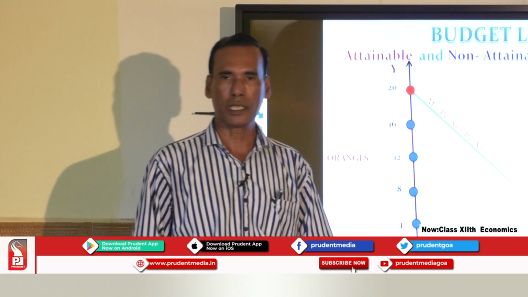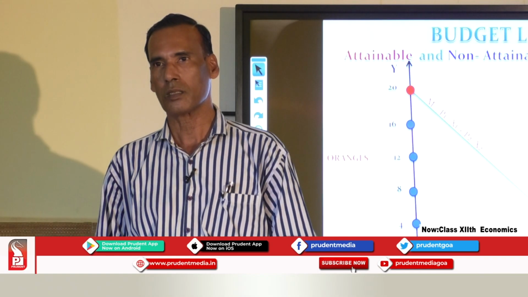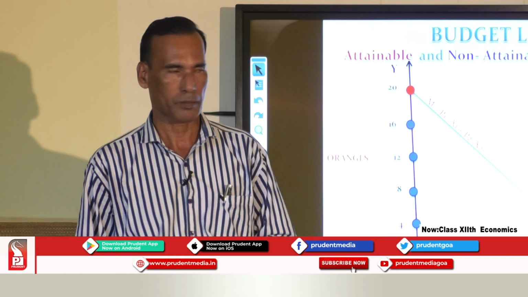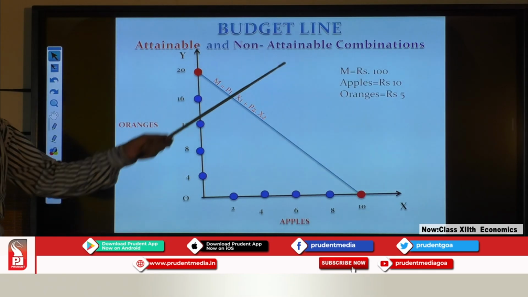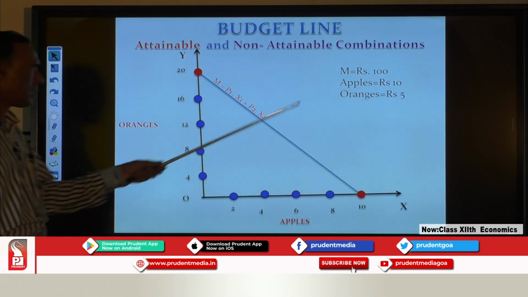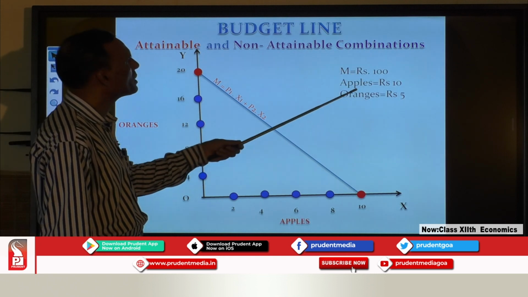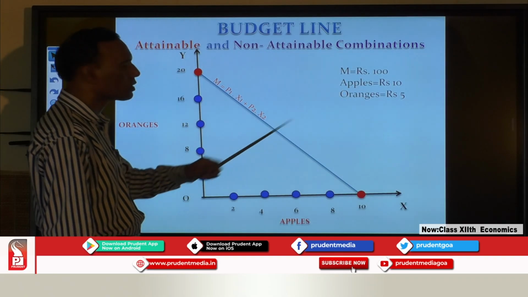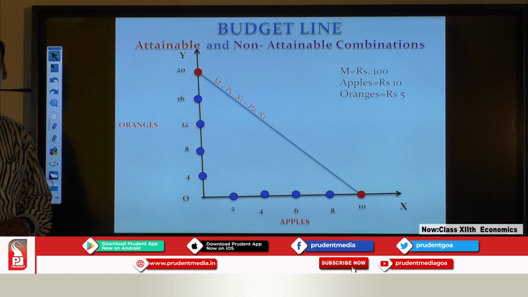Now, attainable and non-attainable combinations from the budget line. This is the example which I referred to in the earlier slide. Same income, M is equal to 100, apples 10 rupees, oranges 5 rupees, and with that I have drawn the budget line.